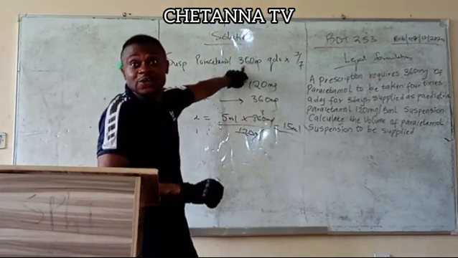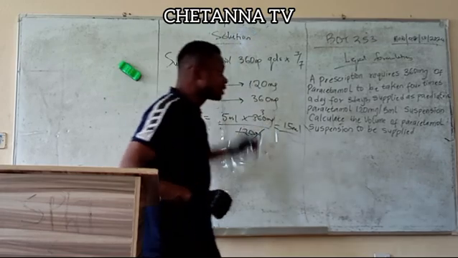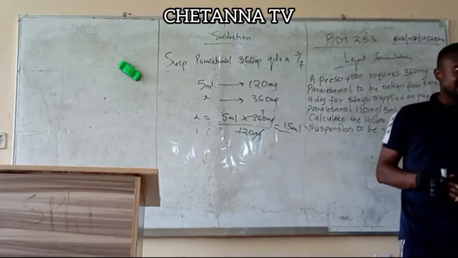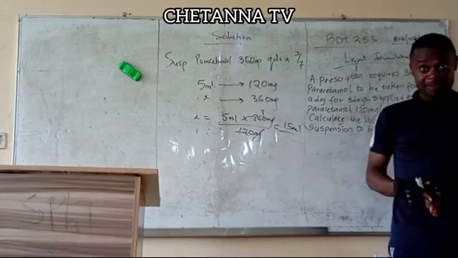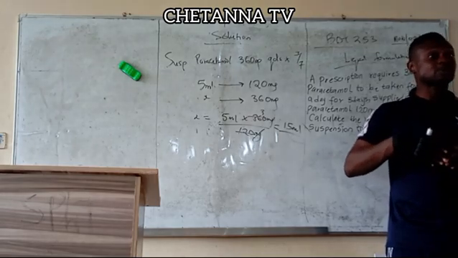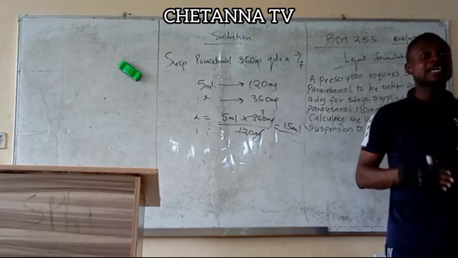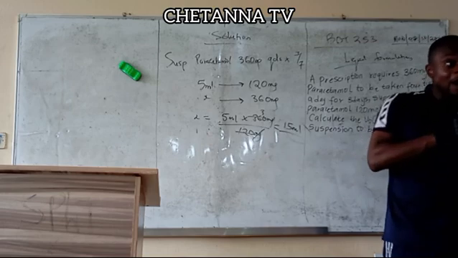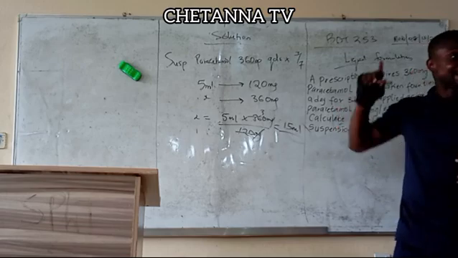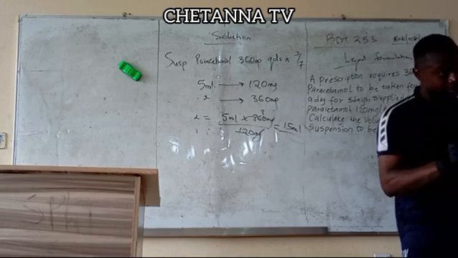In case tomorrow you see yourself, maybe when you go for IT or when you start practicing, please always look out for this. Unless the physician is aware, comes to your pharmacy, maybe you are in a hospital setting, or anyhow he's aware that the 5 mil can deliver the amount of the active ingredient he's looking for that the patient needs.